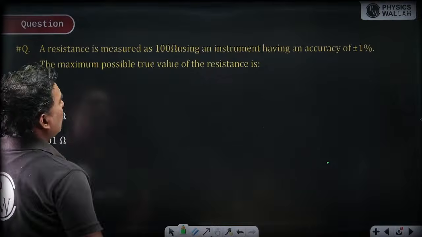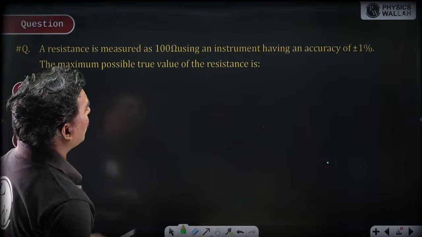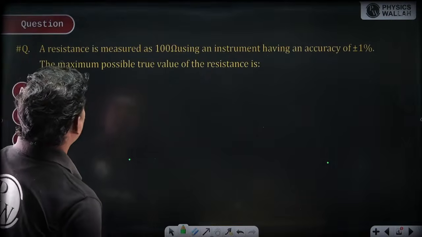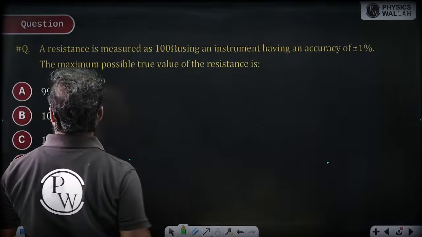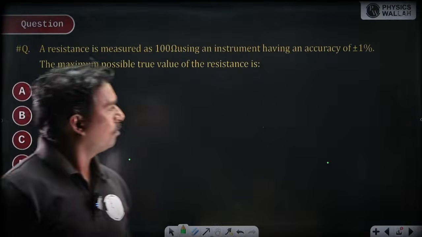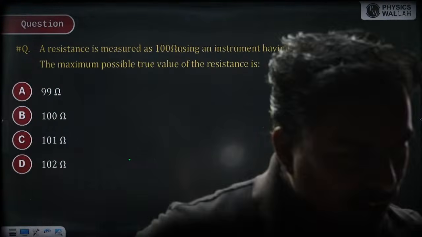A resistance is measured 100 ohms using an instrument having accuracy of plus or minus 1%. The maximum possible true value of this resistance is dash. So try to find out these answers for this particular question.